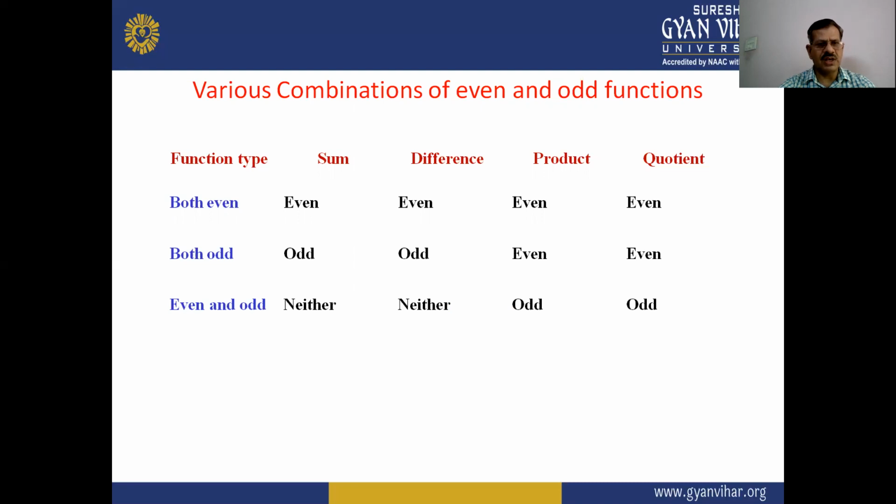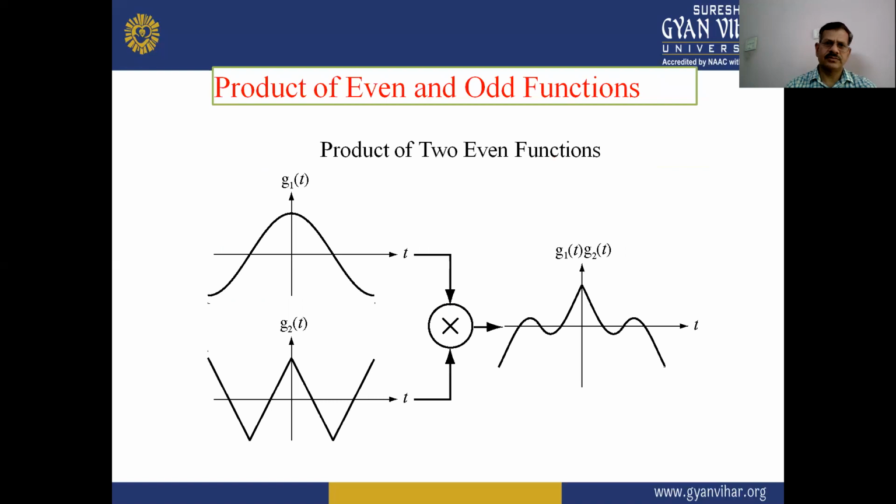If both functions are odd, the sum will be odd, difference also odd, but the product will be even, and quotient will be even. And if the function type is even and odd, the sum is neither, difference is neither, and product is odd, and quotient will also be odd. So there are various combinations of even and odd functions in different cases.